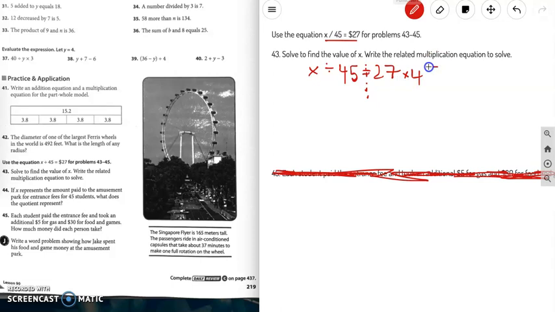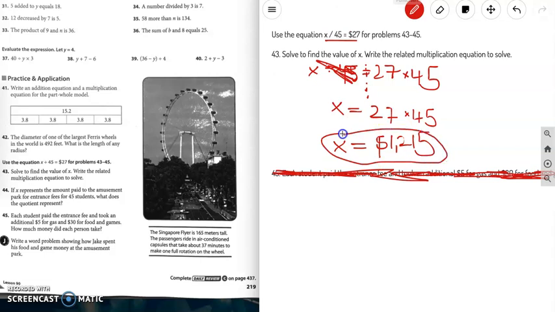And if you do that, the division disappears. Multiplication is x equals, it's a little messy, 27 times 45, which is, do the math, 1,215. Wow, that's a lot of money.